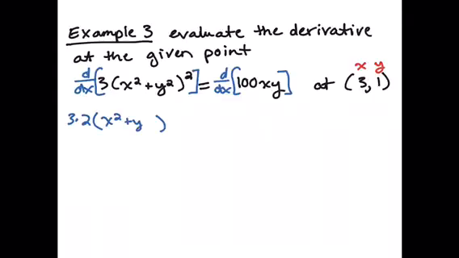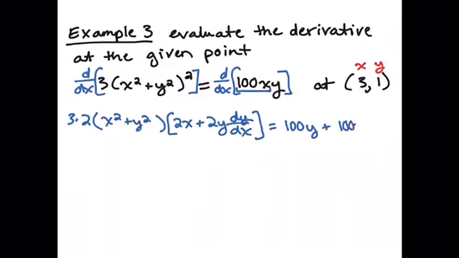Let me put that inner function back in, times the derivative of the inner function, which would be 2x plus 2y, and we need a dy/dx there, equals, on the right-hand side, let's make 100x be our first function. The derivative of 100x is 100 times the second function plus 100x times the derivative of the second function would be dy/dx.